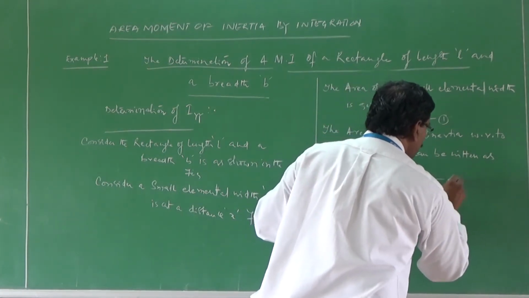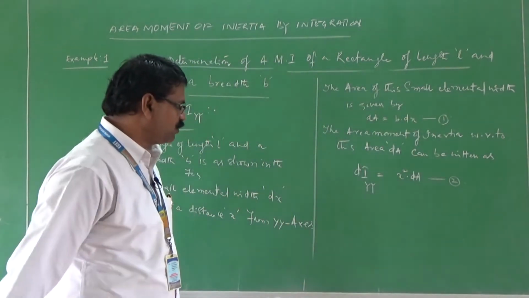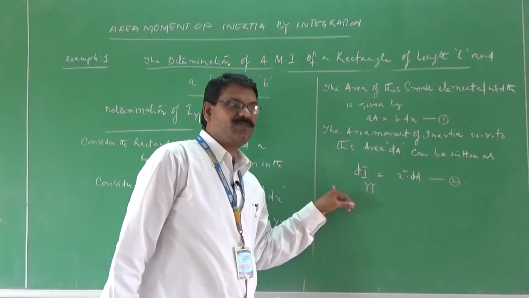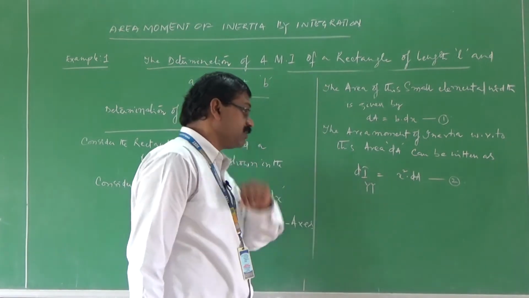I can call it equation 2. Now, we would like to find the area moment of inertia with respect to y direction. Let us see this, how it will be.